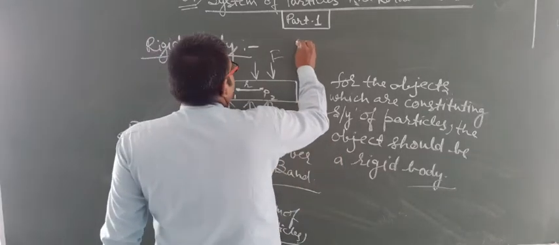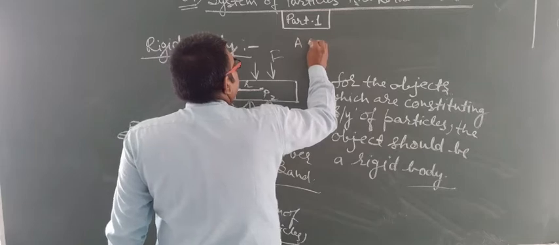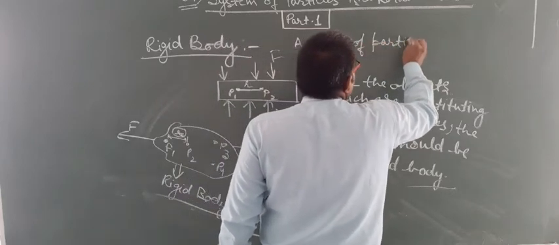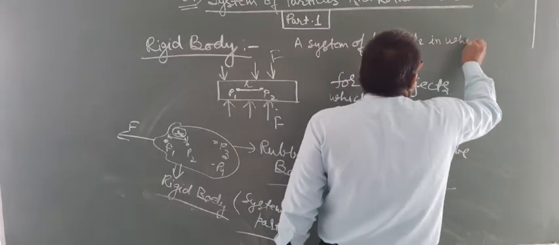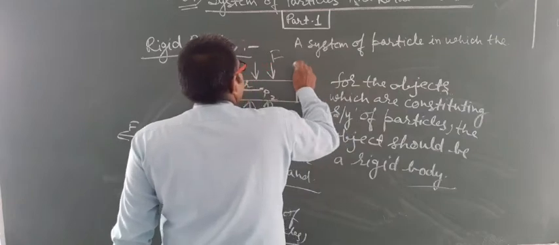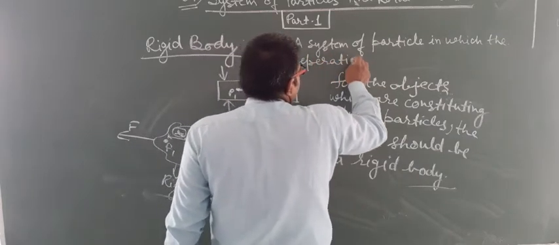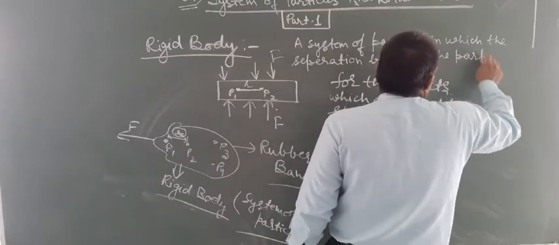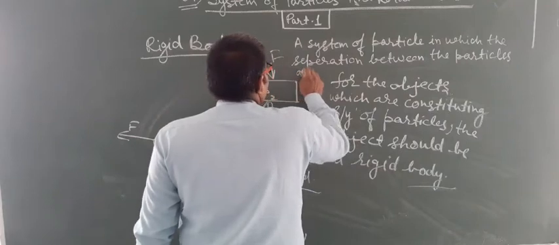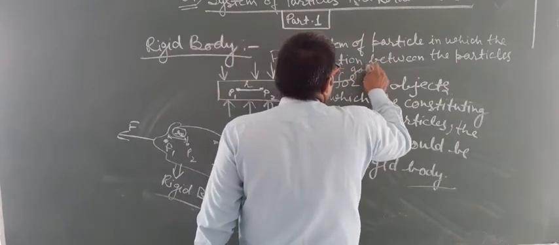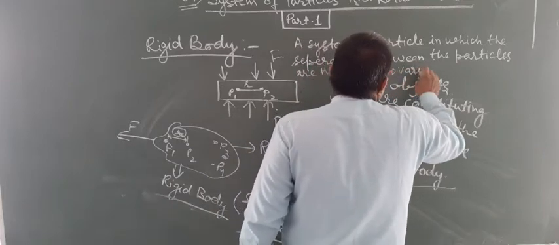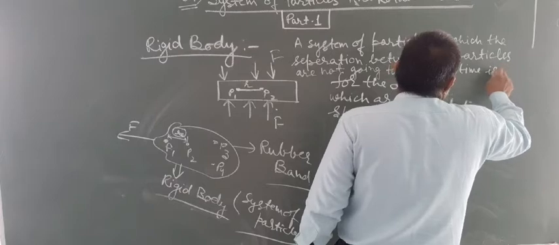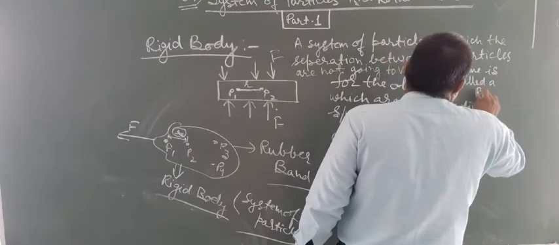If you want to define, you can say that a system of particles in which the separation between the particles does not vary with time is called a rigid body.